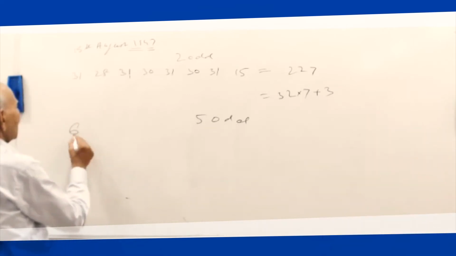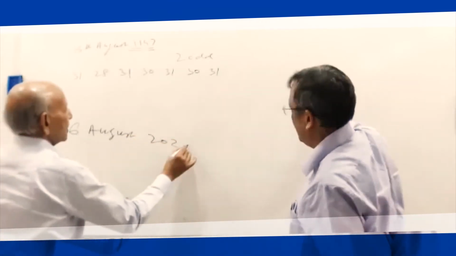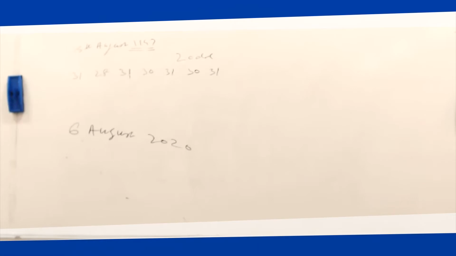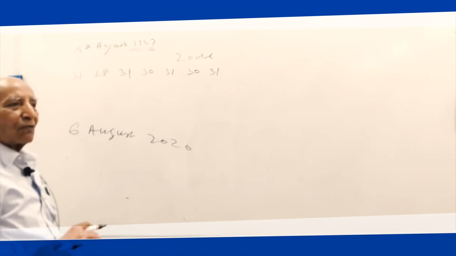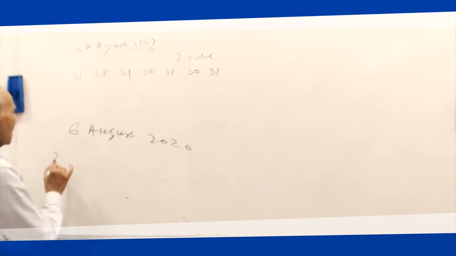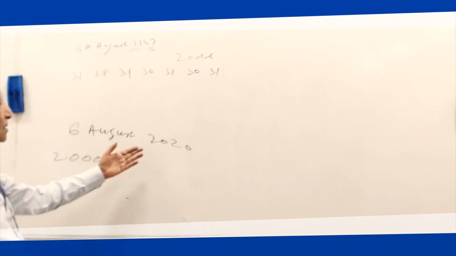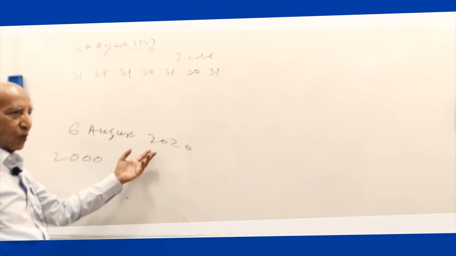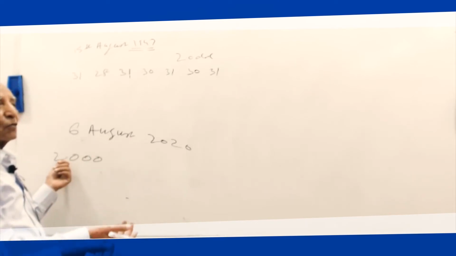Now let me check what is the day on 6th August 2020. So how to count 2020? First of all, we should count 2000. So no extra day. So 19 years more, from 2001 to 2019.